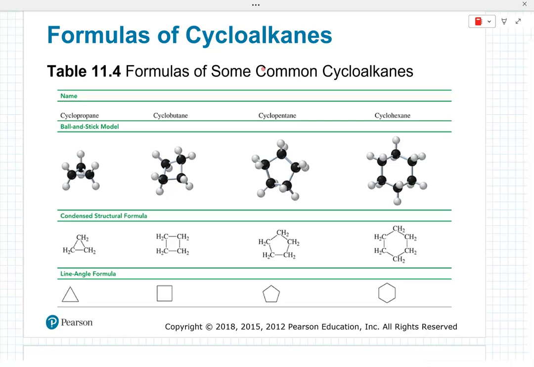I don't know much about cyclobutane or cyclopentane, but I can tell you that cyclohexane is a very popular solvent in organic chemistry. And I can tell you something else. This molecule is fairly unstable. There's a lot of tension, literally tension in the bonds, so it makes it very flammable.